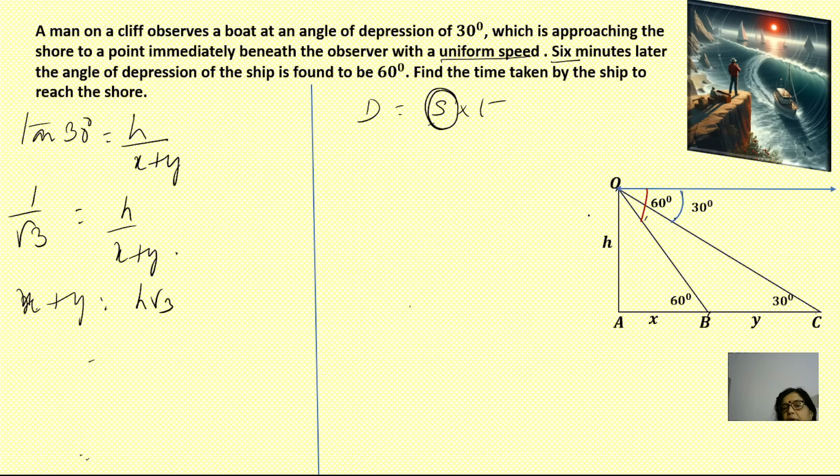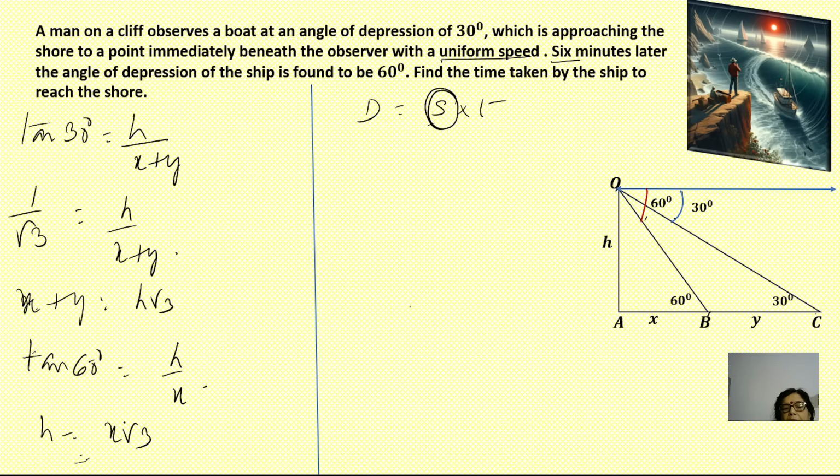Then we take this triangle AOB. From here we get tan 60 degrees is equal to H upon X. So tan 60 is root 3, so we get H is equal to X root 3.